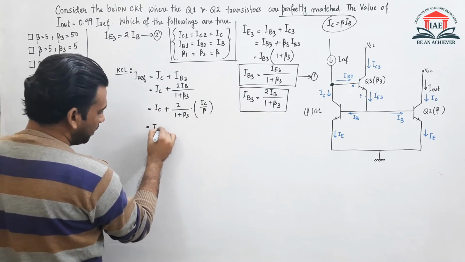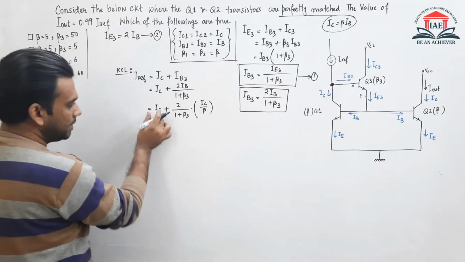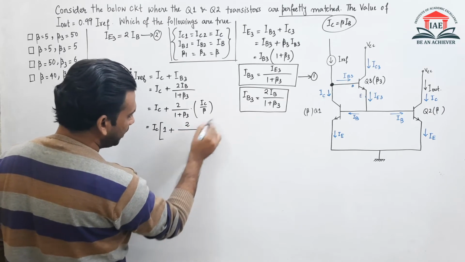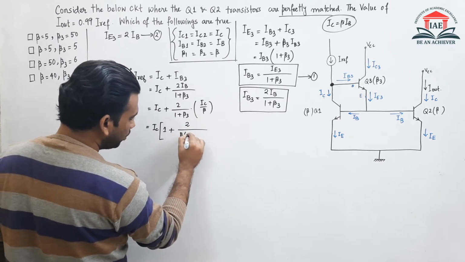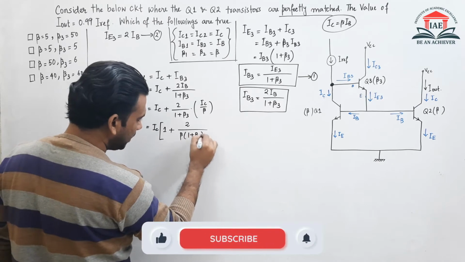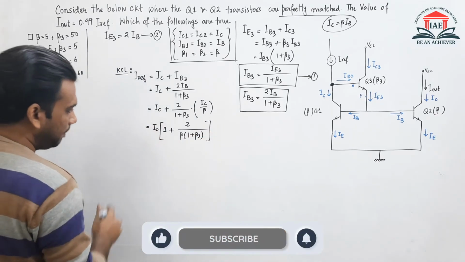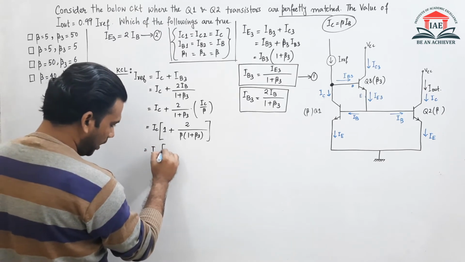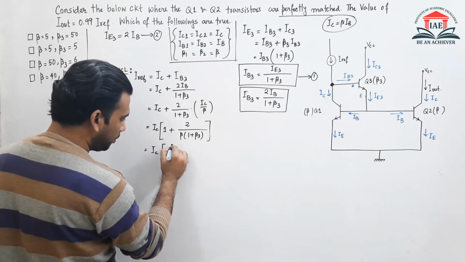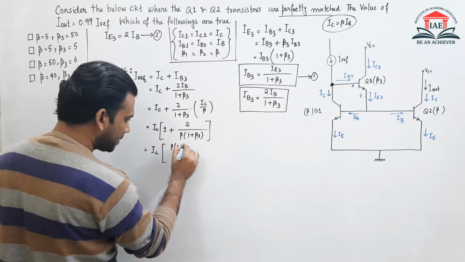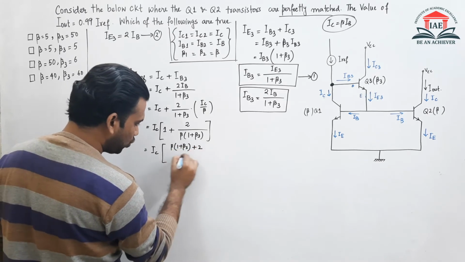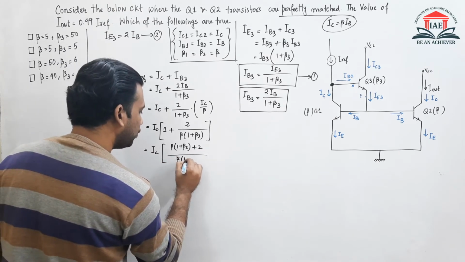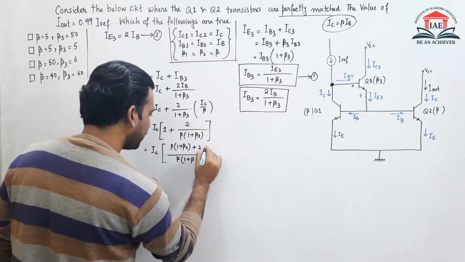So if we take common IC, यहां पे आएगा आपका 1, यहां पे आ जाएंगे 2 by beta into 1 plus beta 3. So now take the LCM. So if we take the LCM, it will come out to be IC into beta 1 plus beta 3 plus 2 divided by beta into 1 plus beta 3.